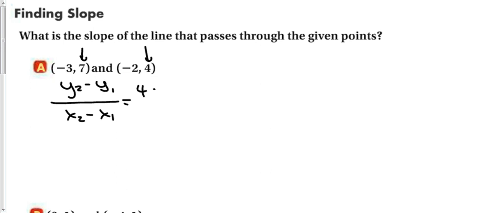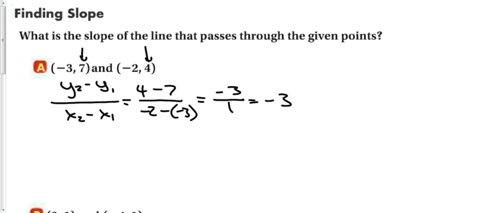So we're going to take 4 minus 7 over negative 2 minus negative 3. 4 minus 7 gives me negative 3, over 2 minus a negative 3, that's a plus 3, gives me a 1. So my slope here would be negative 3. Now if I wanted to, I could switch these two around. I could call this y2 and this y1.